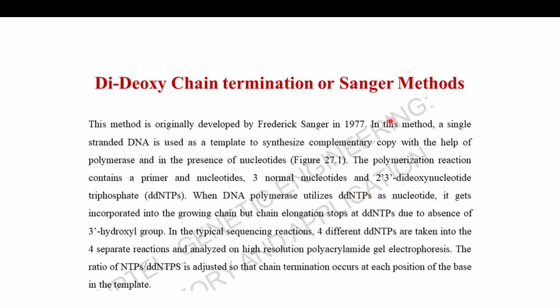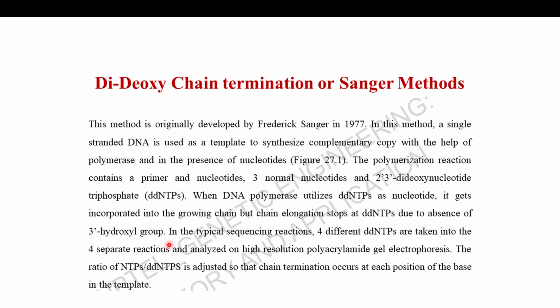But in Sanger sequencing, dideoxynucleotides or ddNTPs are used. For elongation, for any kind of DNA polymerization, you need a free 3' hydroxyl group. But in dideoxynucleotide triphosphates, this 3' hydroxyl group is absent.